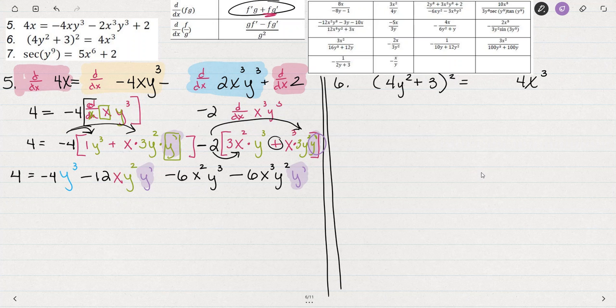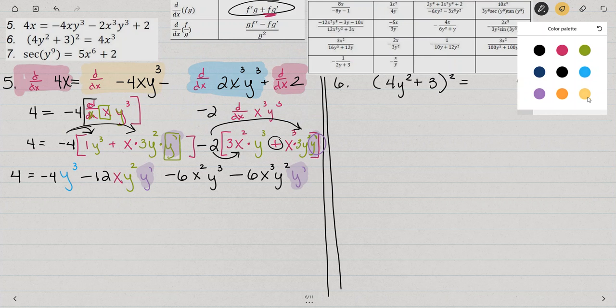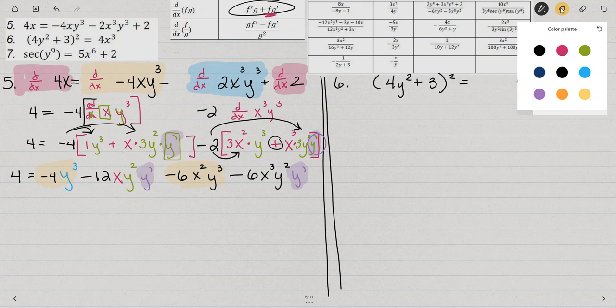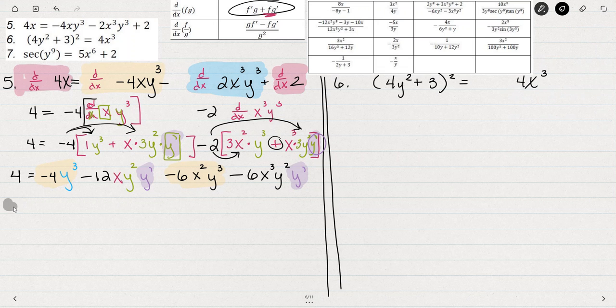The next step, the last step, is to solve for y prime. So to solve for y prime, I'm going to subtract this negative 4y cubed from both sides and subtract the negative 6x squared y cubed from both sides. And here's what that's going to look like.